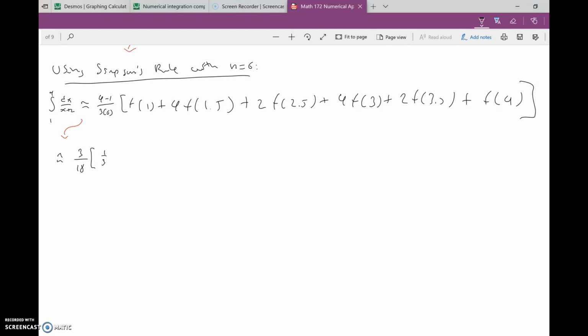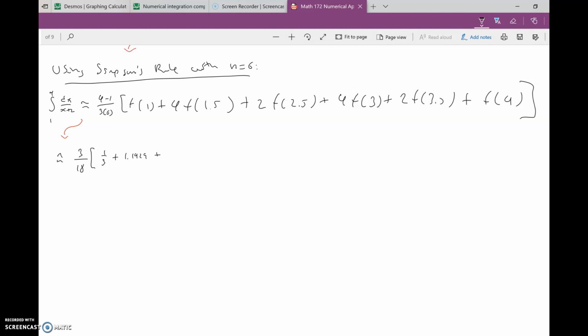Otherwise we're going to carry a lot of error, and this is 1.5. Okay, so the next one is going to be 4 times 1.5. I'm getting plus 1.1429. So 1429 plus, and then the next one's going to have 2 times, and our function is going to be evaluated at 2.5.